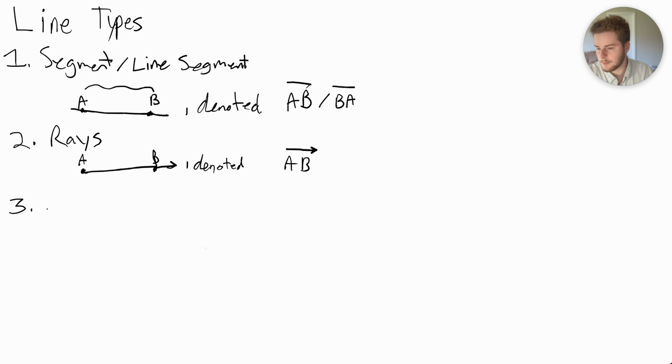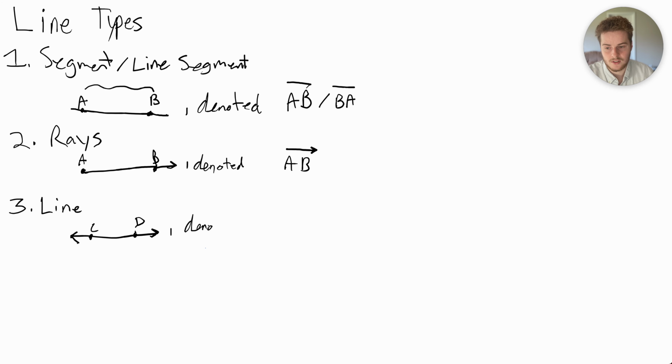Now the third type you might see is just called a line, which is a little confusing because we have line segment up here. But a line is basically a ray. And now imagine all these lines are straight. I can't draw straight, but imagine they are. So a line is simply a ray in both directions. We know that the arrow means that the line is going to continue in a direction.